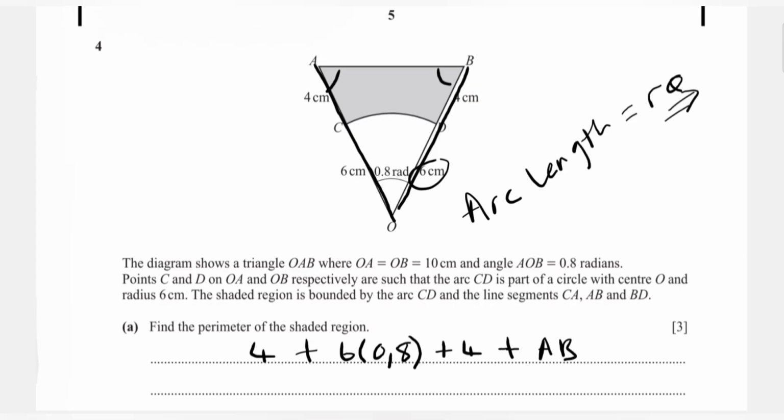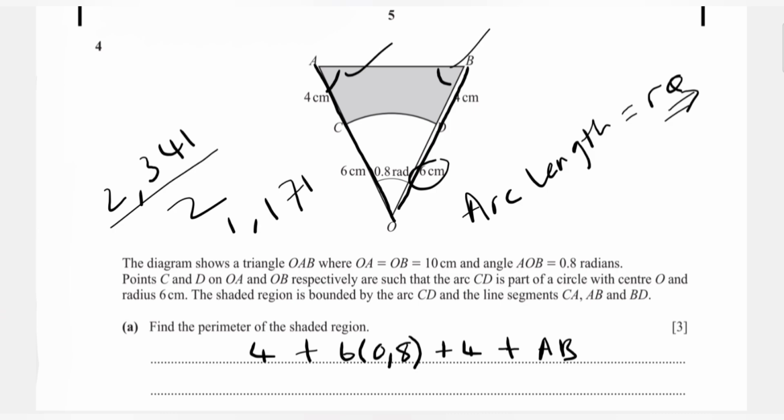Now we're going to subtract 0.8 radians from pi. It gave us 2.341 radians, and we're going to divide this by 2 for these two angles. So that will be 1.171 for each one of these two angles.